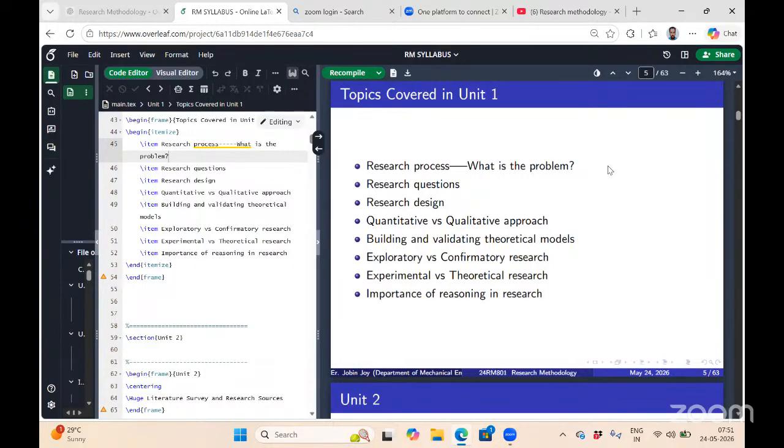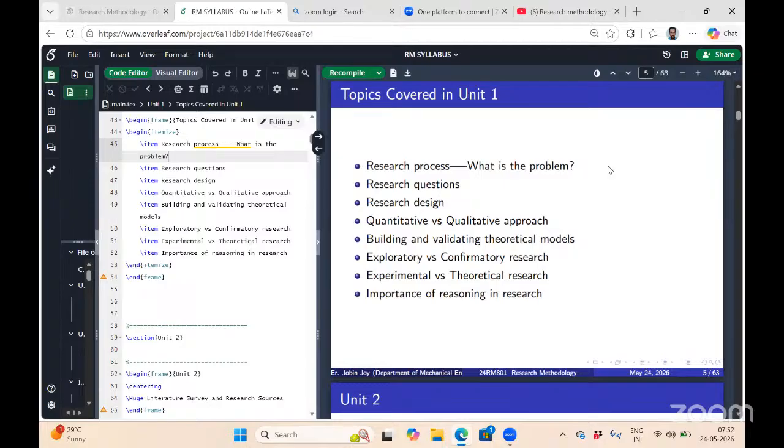Exploratory research is flexible; the main advantage is that it is flexible because the information is limited, so it is open-ended. But confirmatory research is structured and statistical. Both methods are important for knowledge development and scientific analysis.